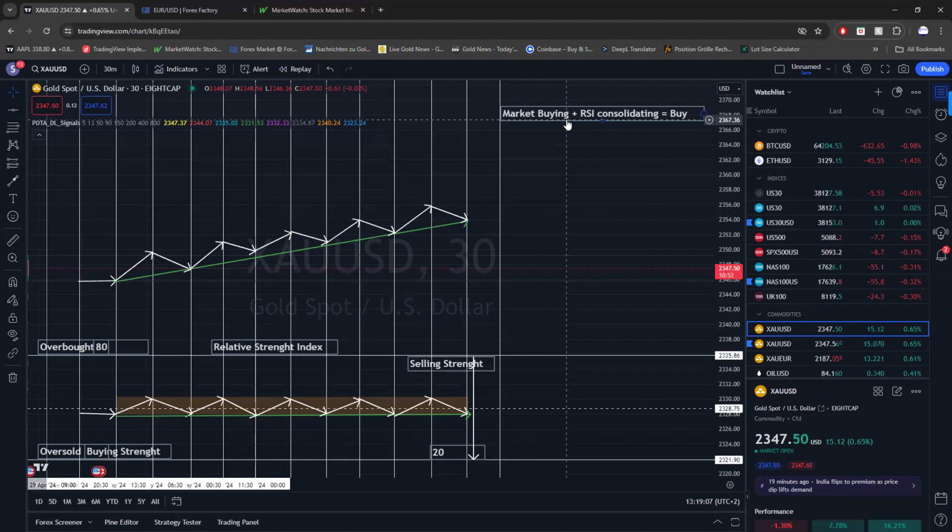Like I always say, it gains strength. Based on that price action, up, down, we analyze it and try to predict the next possible move. So whenever you see this structure in the market, that the market is buying and the RSI is consolidating, we anticipate a buy.